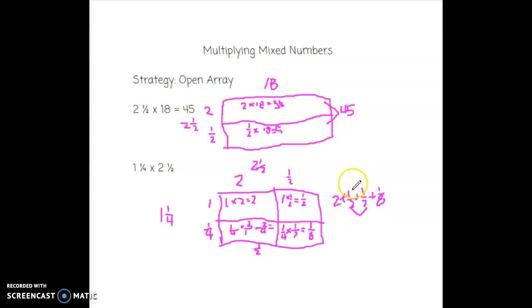So 2 plus 1 whole is 3 and 1/8. So your final answer up here would be 3 and 1/8. And if you're doing something like feet, feet squared would be your label.